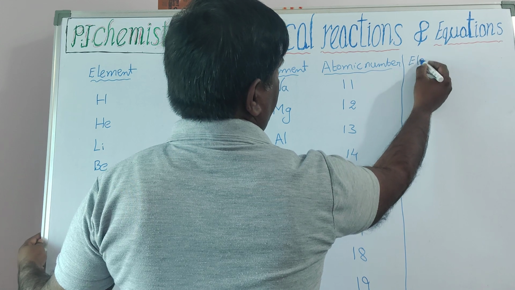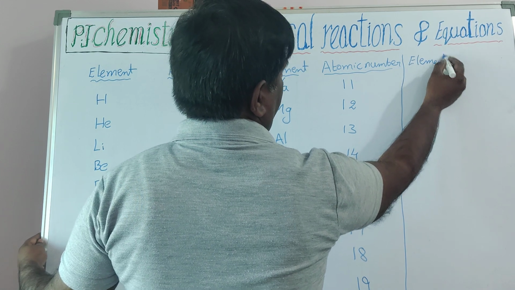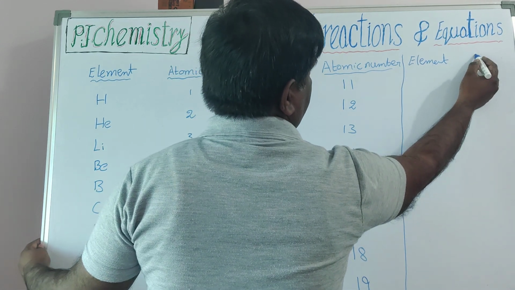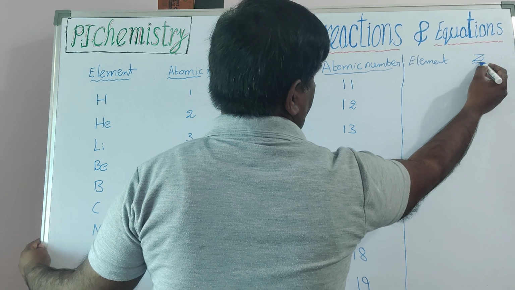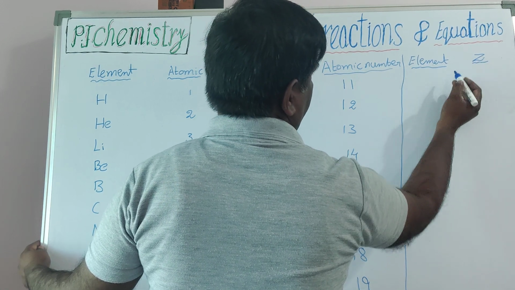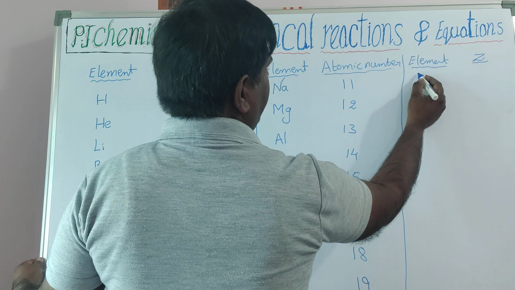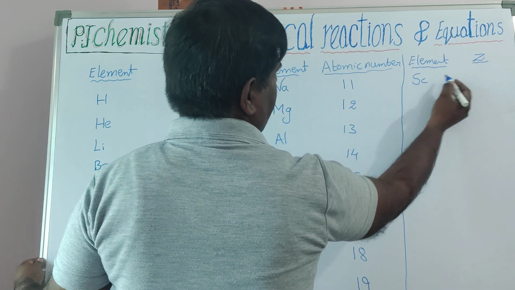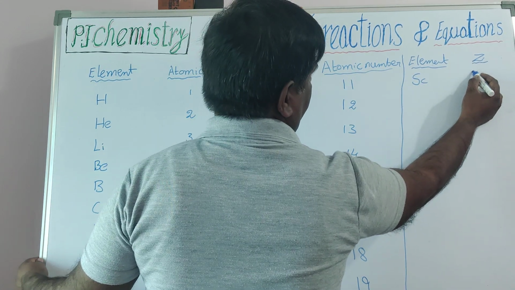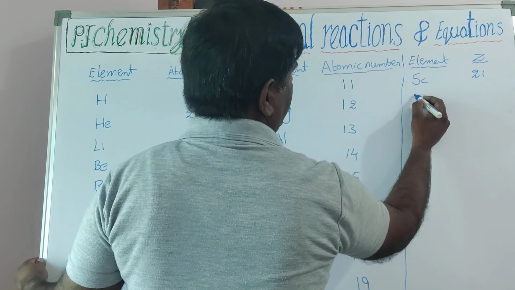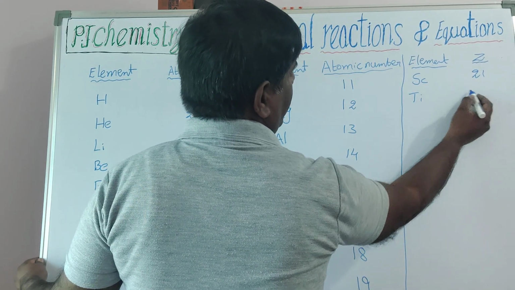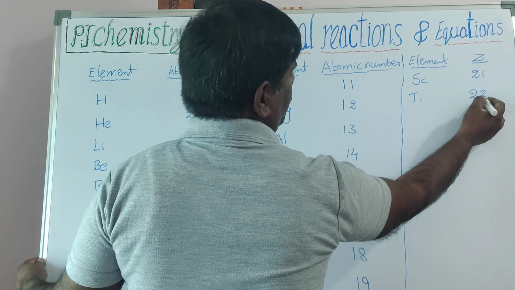Element. I am using Z. Z means atomic number. Scandium, Sc, 21. Titanium 22.